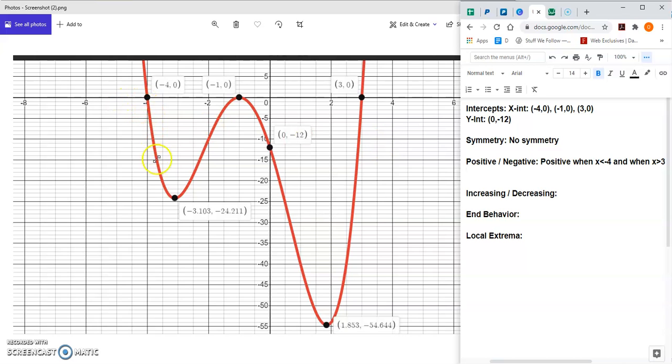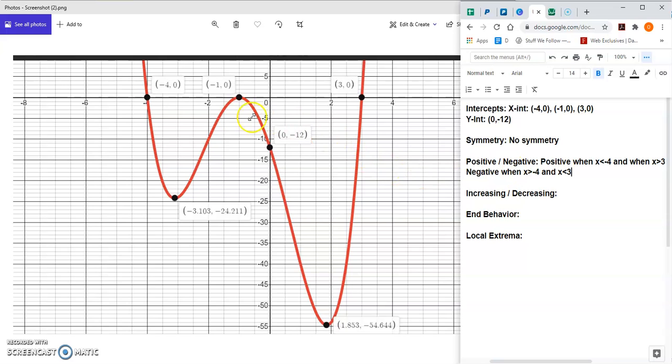Well, anywhere between -4 and 3, this graph is negative. In other words, the y-coordinate is negative. So we would say negative when x is greater than -4 and x is less than 3.